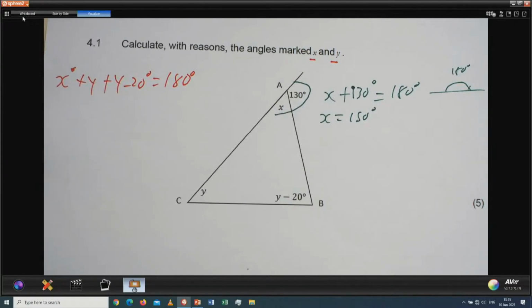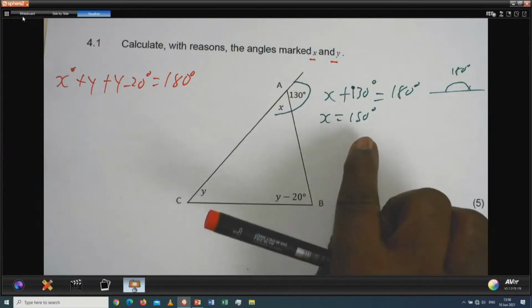Properties. Must look, where is X? X is within a triangle. X is also in a straight line. Properties. What are the properties saying? You work at that one. Now we know here X is 150.